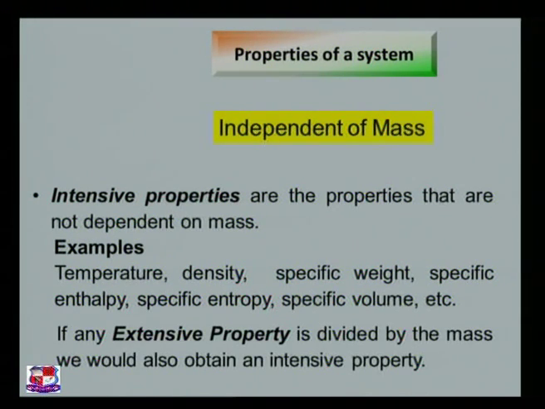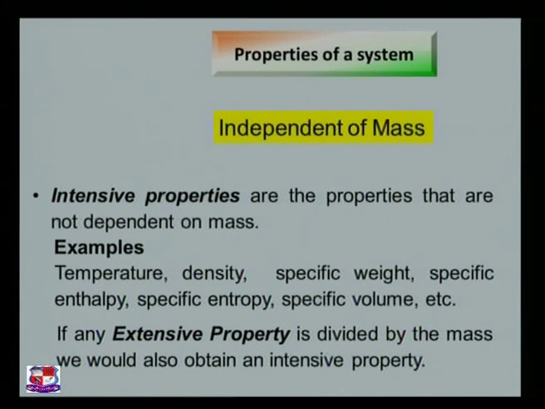If any extensive property is divided by its mass, we also obtain an intensive property. The examples are, if we divide weight by mass, we get specific weight. If we divide enthalpy by its mass, we get specific enthalpy.